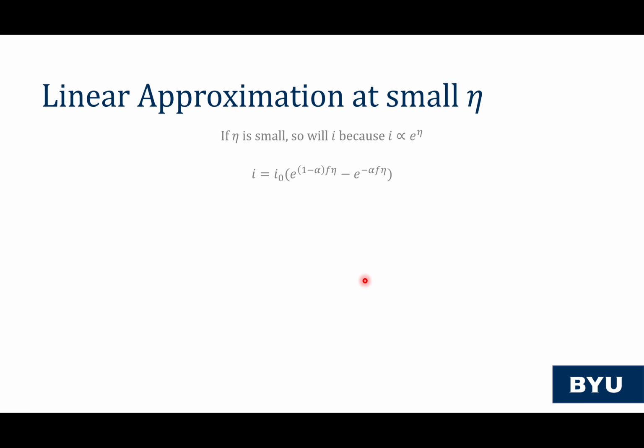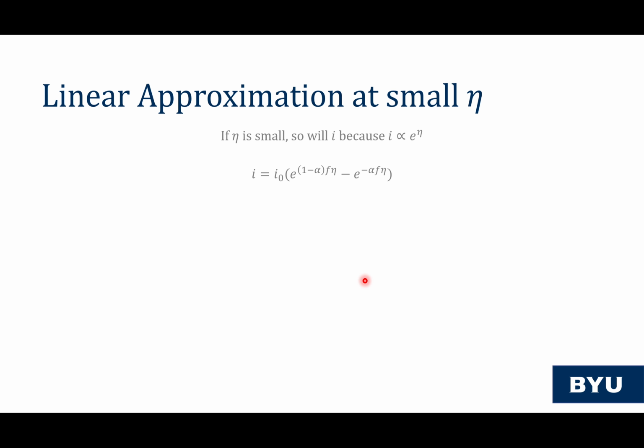We get the linear approximation. So if eta, or the overpotential, is small, then we know that the current will also be small, because the current is proportional to the exponential, e raised to the power of the overpotential.